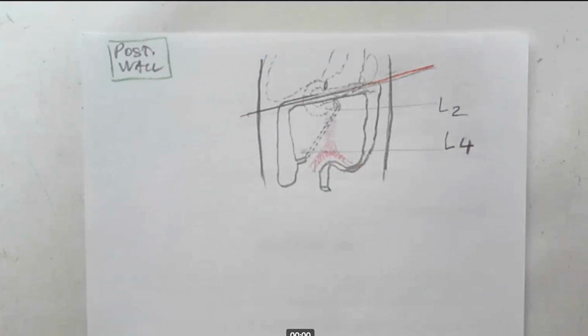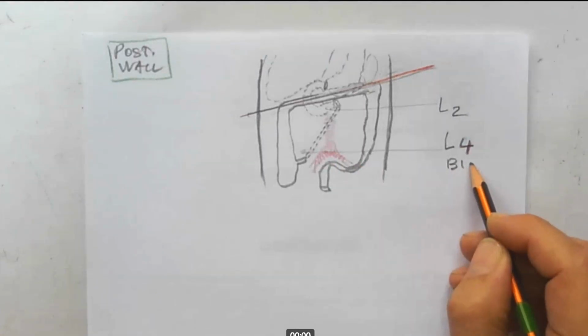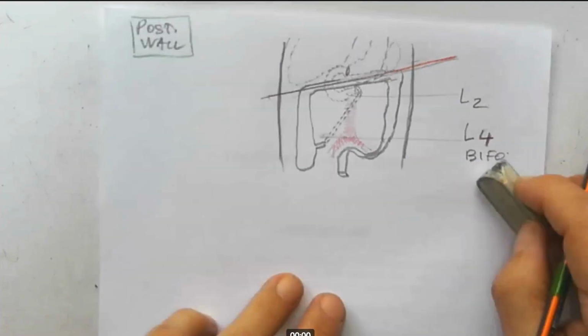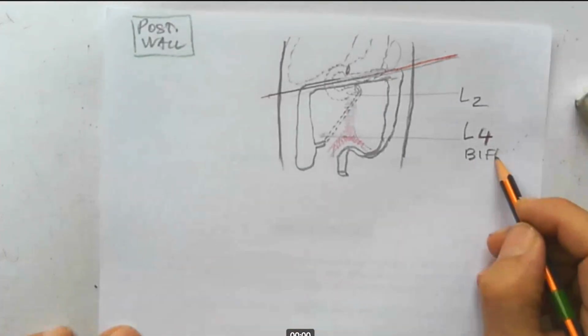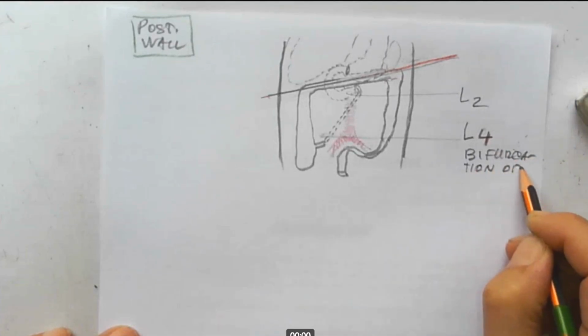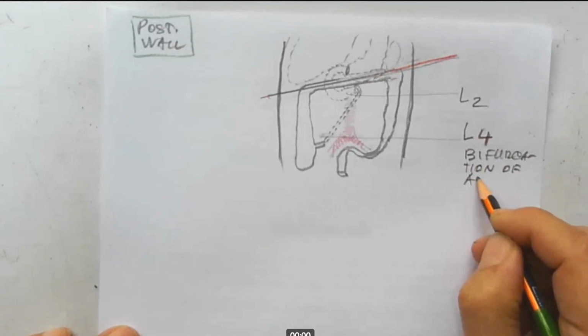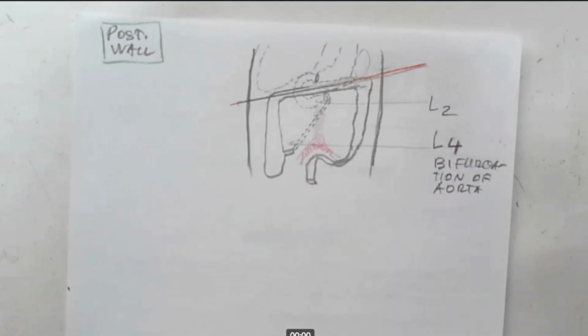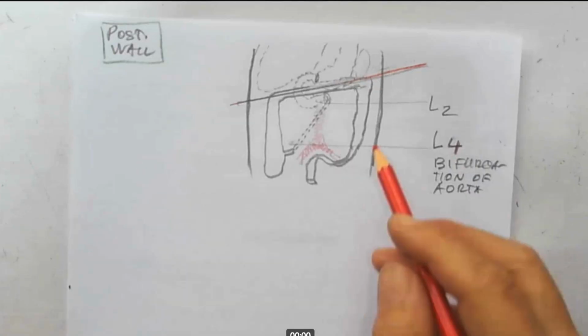That's an important bifurcation. Also, you can add also the place of the bifurcation of aorta. It lies at the level of L4. That's it. So here is the line.